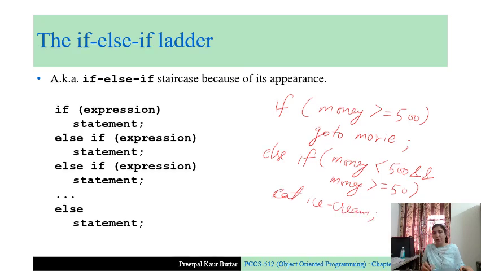You can note here that I have put two conditions. Money is less than 500 and money is greater than or equal to 50. It means money lies in the range of 50 to 500.